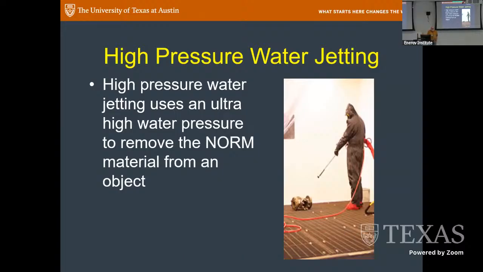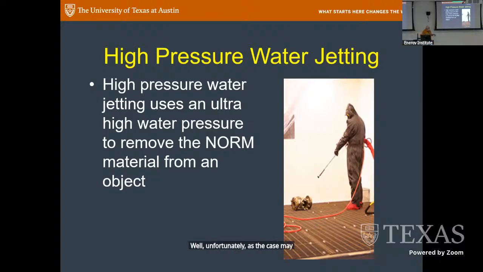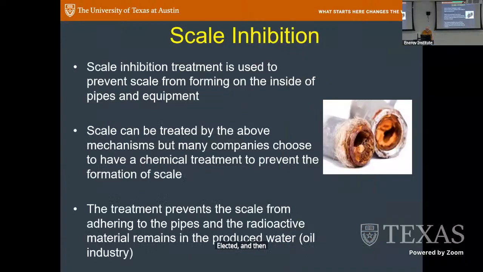The high pressure jet water jetting uses an ultra high pressure to remove the NORM material from an object. And then, fortunately or unfortunately, as the case may be, you want to be able to take any of the stuff which has sort of gone away, collect it, and then manage it.